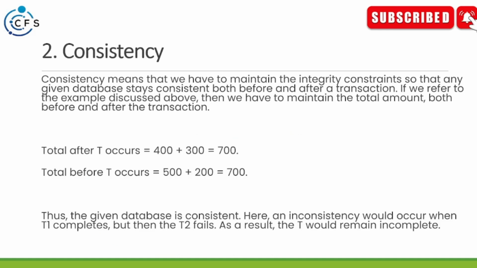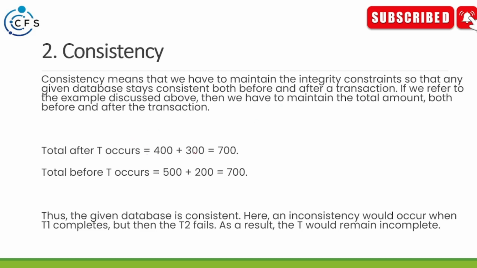Now let's move to the next, consistency. As I said, before any transaction occurs, let's go with the statement written here. Consistency means that we have to maintain the integrity constraints so that any given database is consistent before and after the transaction. If we refer to the example discussed above, then we have to maintain the total amount before and after the transaction.